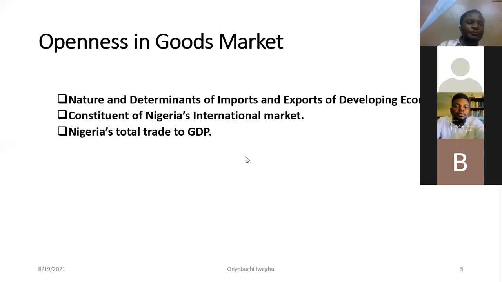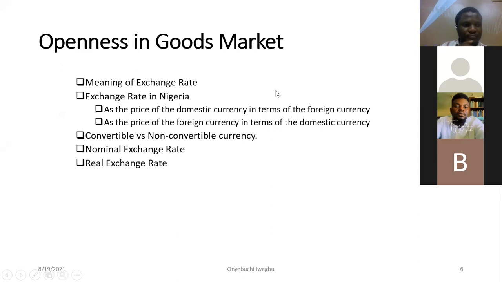So let's go back to our explanation. Of course, the total trade is the import plus export. That gives you the total trade, for Nigeria and for other economies.